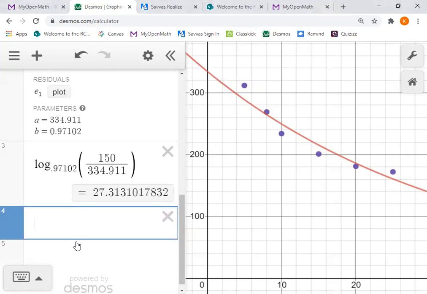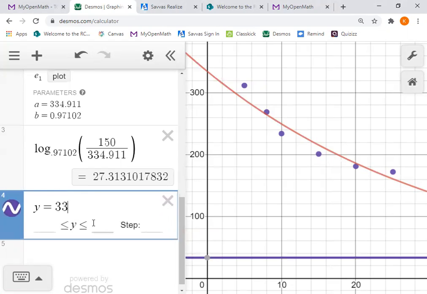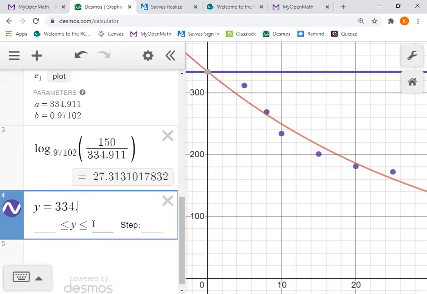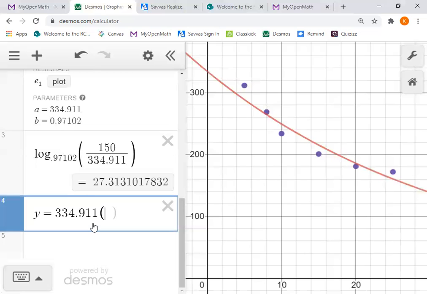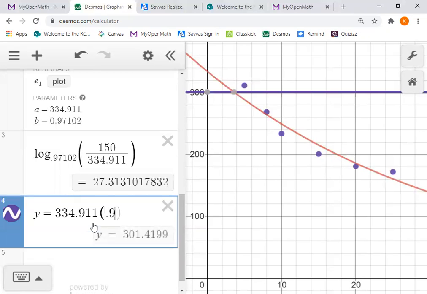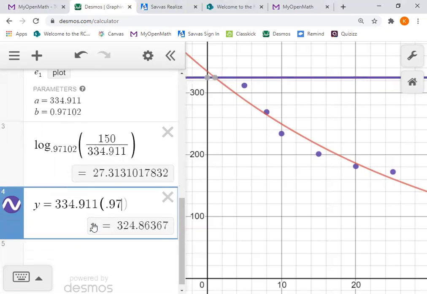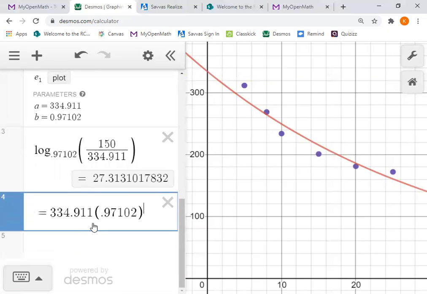You would put in your y equals the starting number, that was the 334.911 times my multiplier of point, since it's cooling, less than 1, 0.97102, to the power of x. It's going to give us a graph.